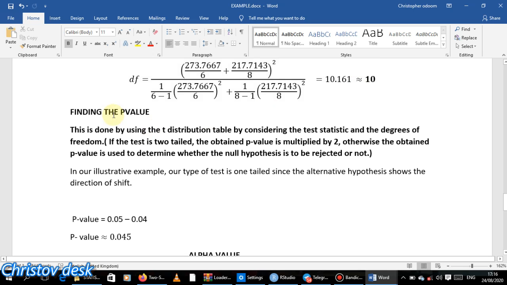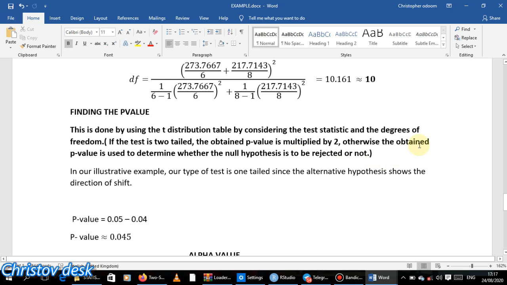So listen, finding the p-value is done by using the t distribution table, which I'll show you shortly, by considering the test statistic and then the degrees of freedom. So we'll find a p-value by just using the test statistic and the degrees of freedom. If the test we are doing is a two-tailed test, the obtained p-value is multiplied by 2.